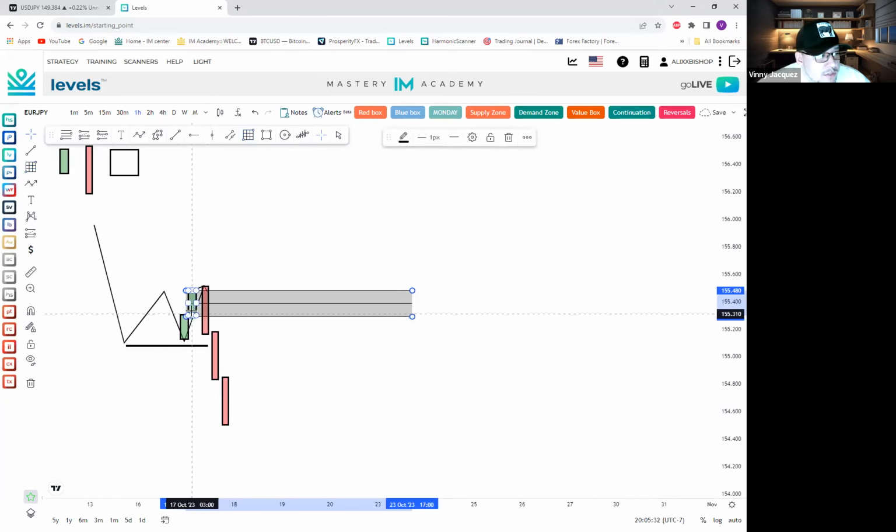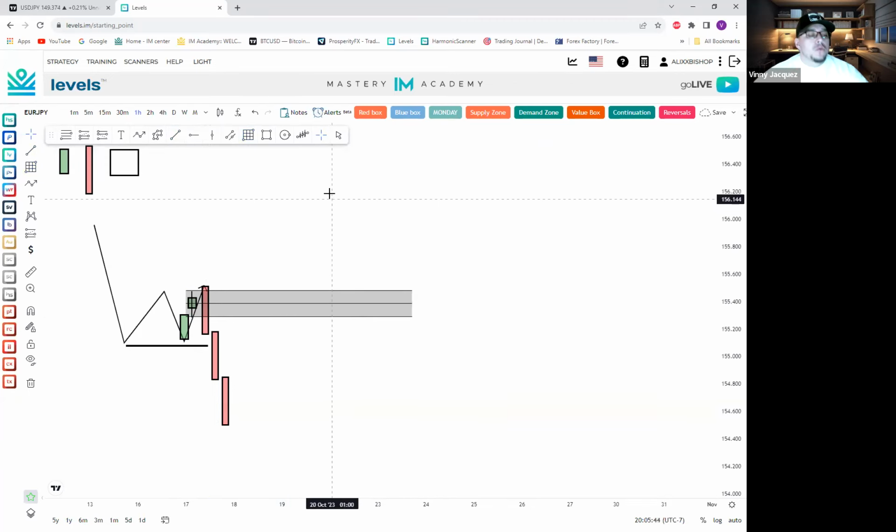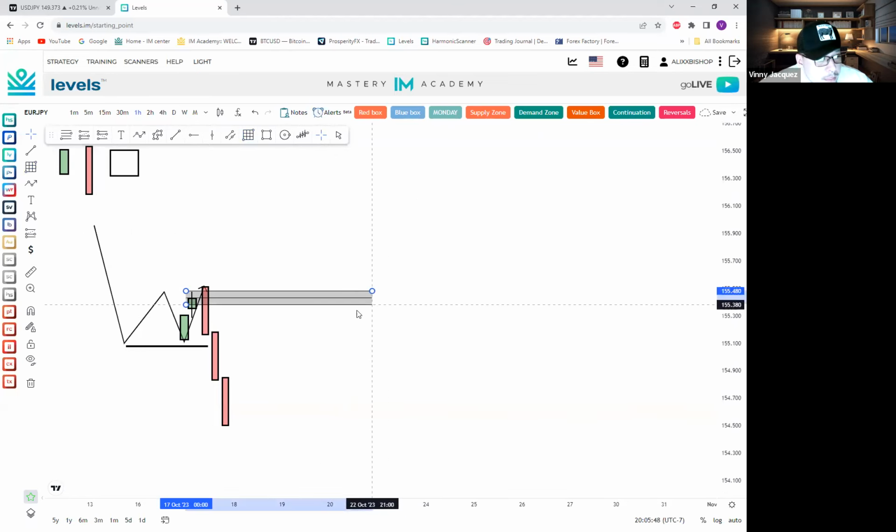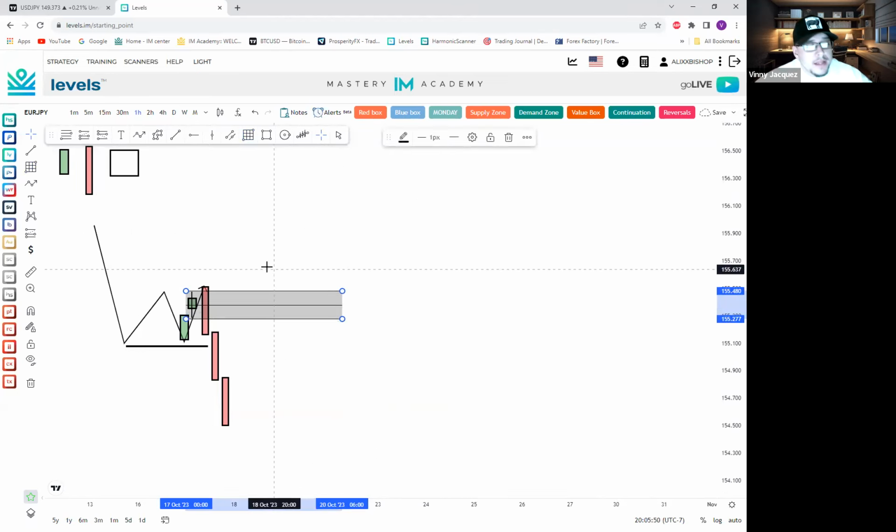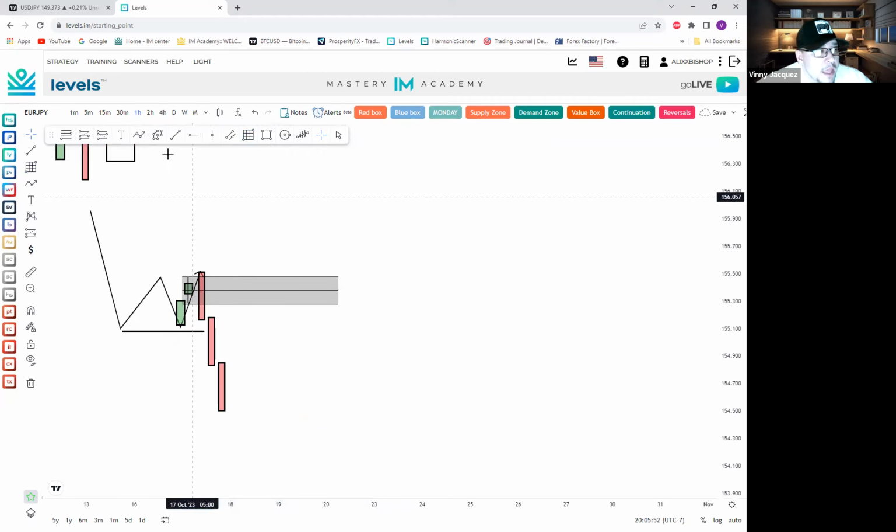I'm going to make it a little smaller just so I can add some wicks, because wicks do count. I'm just going to add a little wick action. Okay, cool. At this point, we would love for the market to come back and give us this sell opportunity. Boom.